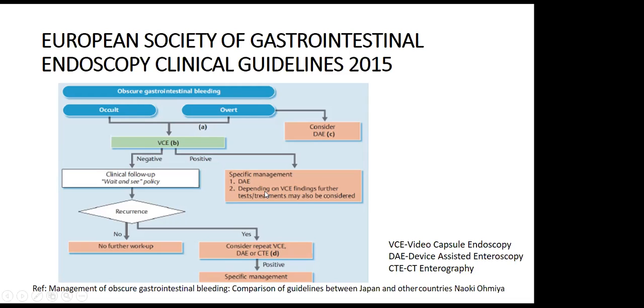Device assisted enteroscopy can also be done directly in case of overt bleeding. If the test results are negative, clinical follow-up has to be done, and if any recurrence occurs, then we have to go for video capsule endoscopy or device assisted enteroscopy.